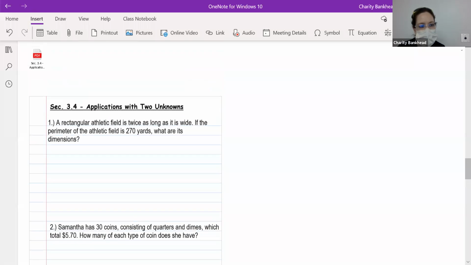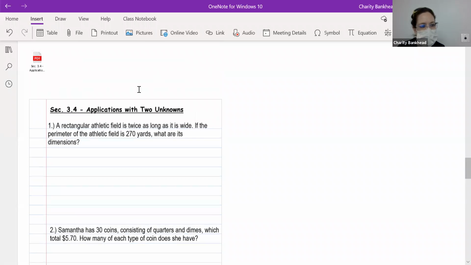All right, so 3.4 is going to be pretty much more of the same, except the only real difference is it has 2 unknowns instead of just 1 unknown.